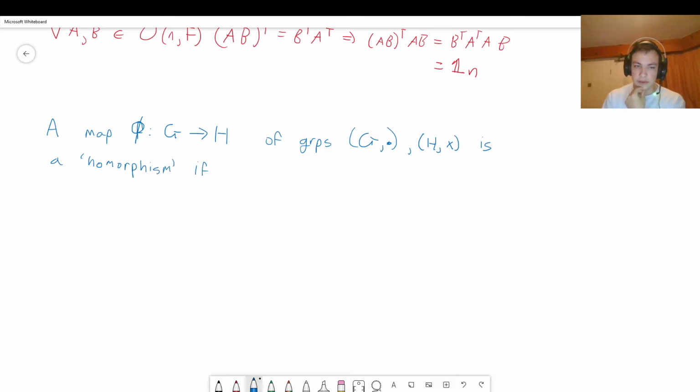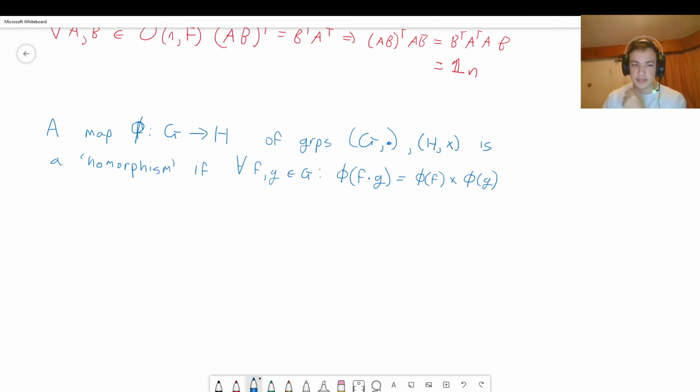If for all f, g in G, we must have that phi of f dot g is equal to phi of f times phi of g. Okay, so that's a homomorphism. Basically what it's doing is preserving the multiplicative structure of the group.